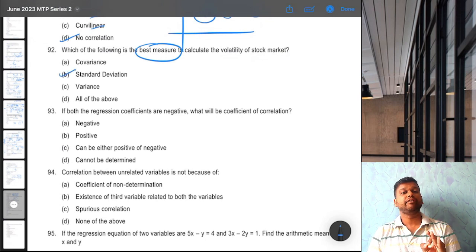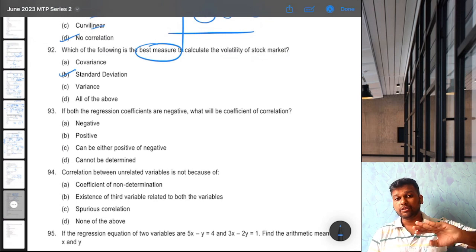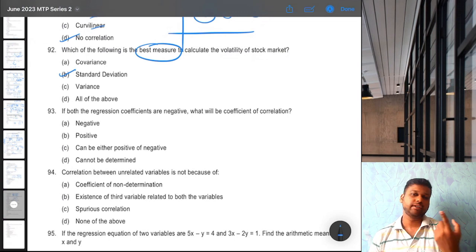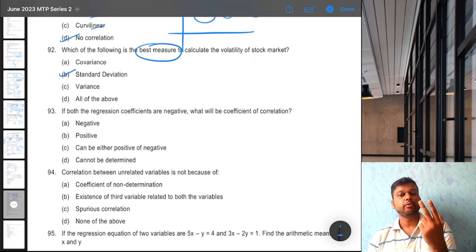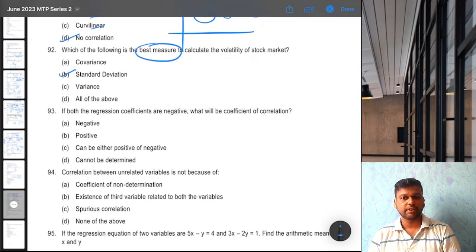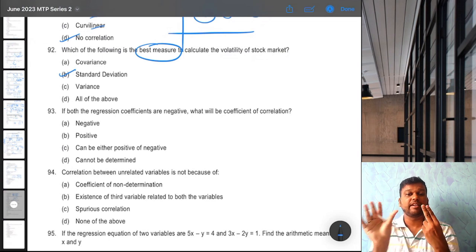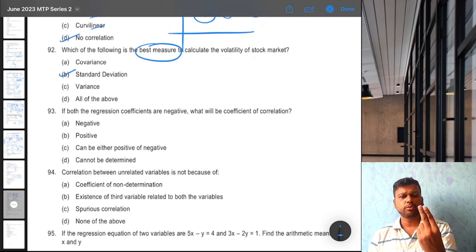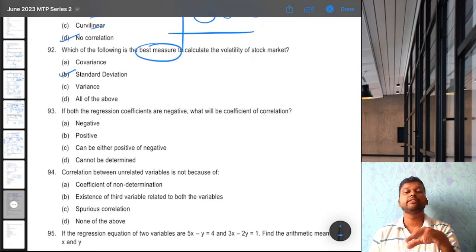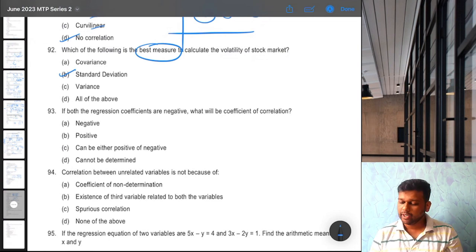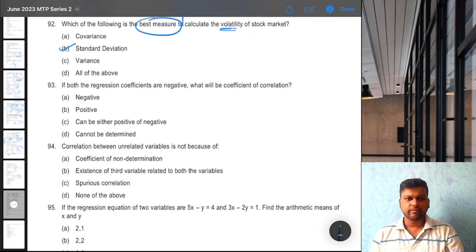Why? Because standard deviation considers all values. The limitation of range is that it does not consider all values. The limitation of QD is that it only considers the middle 50%. MD and SD are relatively better than range and QD. But out of those also, universally SD is treated as a better measure of volatility. Volatility is dispersion. So B.